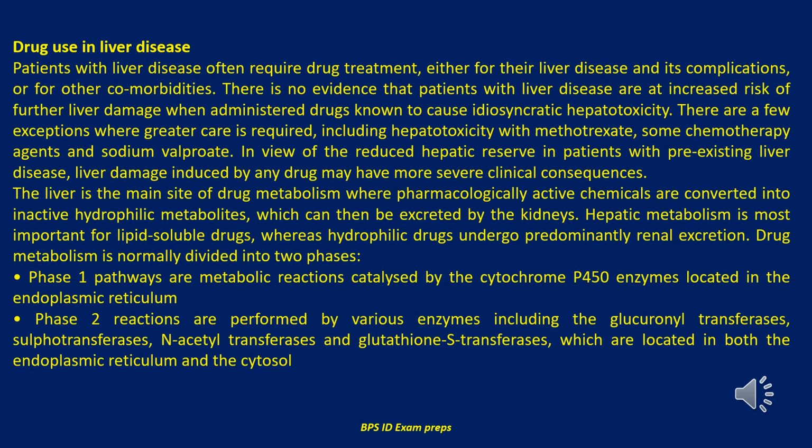Phase 1 pathways are metabolic reactions catalyzed by the cytochrome P450 enzymes located in the endoplasmic reticulum. 2. Phase 2 reactions are performed by various enzymes including the glucuronyl transferases, sulfotransferases, N-acetyltransferases and glutathione S-transferases, which are located in both the endoplasmic reticulum and the cytosol.